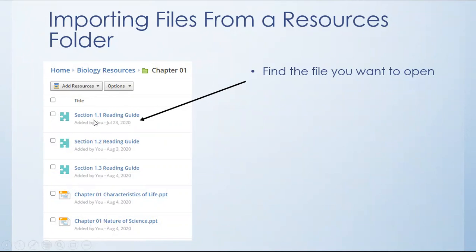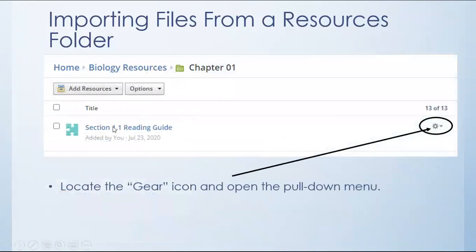So I'm going to open Section 1.1 Reading Guide. I click on that, and I notice when I locate that in this Table of Contents feature that there is this little gear all the way over to the right, this gear icon. So I'm going to go over to there, and I'm going to open the pull-down menu.